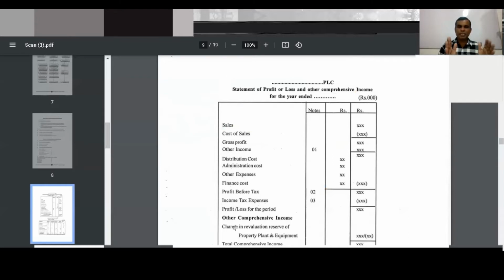Now, if there is any revaluation profit on land or building or motor vehicle or any property, plant and equipment, it should be treated here as other comprehensive income. And if there is any revaluation loss on property, plant and equipment, it should be treated under the category of other expense. This is how we have to understand revaluation.